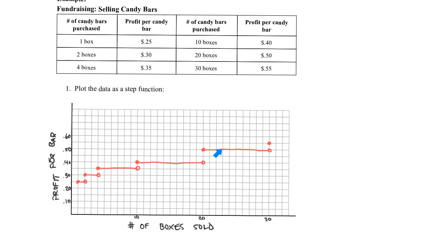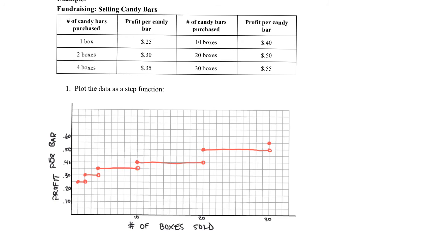And it's the same pattern for all the steps. Now, you might see something different, like this might say more than 10 boxes is 40 cents. If it said more than 10 boxes is 40 cents, then maybe the closed circle would be down here instead of up here. So you can kind of mess with those. You're going to get practice with both of those when we practice this.